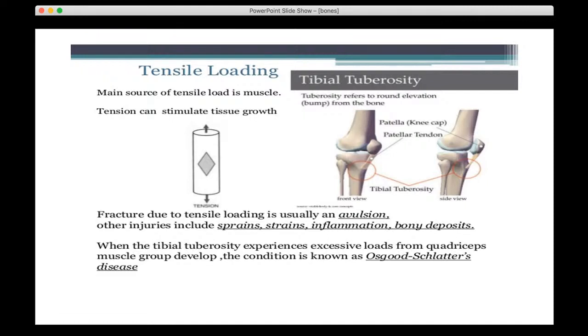It is experienced when excessive loads are applied, and excessive pulling results in this kind of problem in the bones. It is basically a round elevation, a bump in the bone due to excessive tensile loading by the muscle. Another example is Osgood-Schlatter disease, which is usually due to excessive pulling by your quadriceps. These are examples of tensile loading.